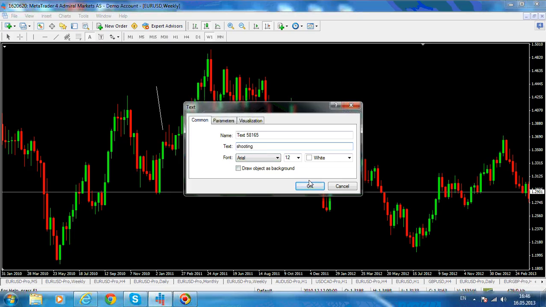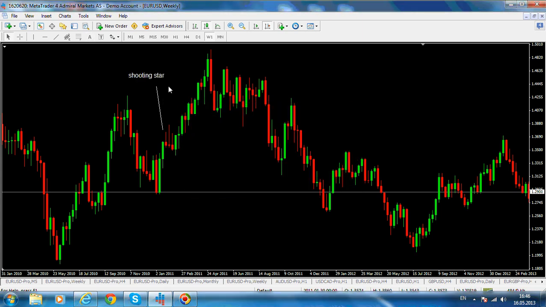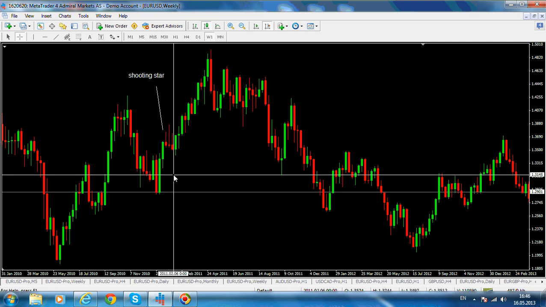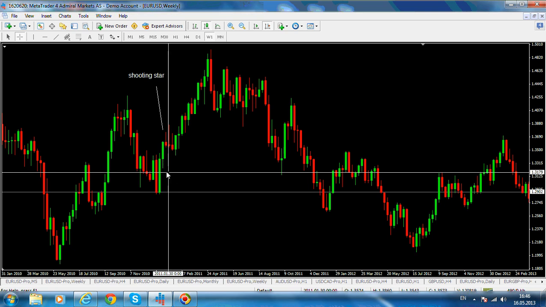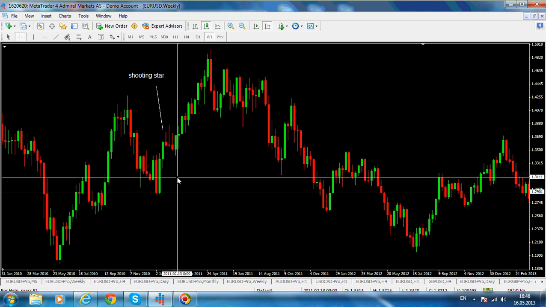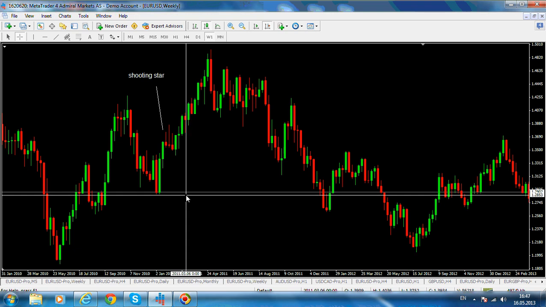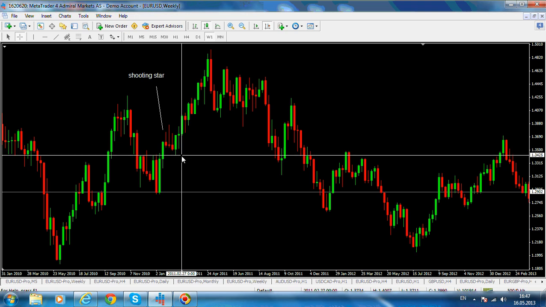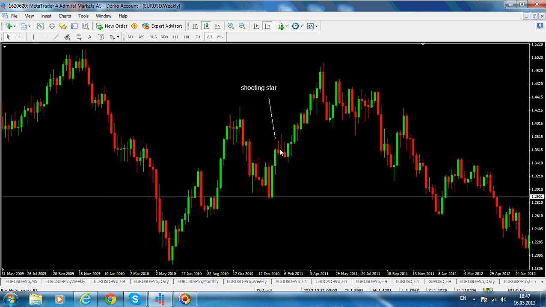Shooting star, and you have here hesitation, so your confirmation does not come in the form of a new red candle to the downside, but it is just a continuation pattern for the shooting star, and then all of a sudden you have a real green candle that denies the bearish pattern, and then you have the pattern being invalidated, so looking for new highs, and those new highs definitely came.